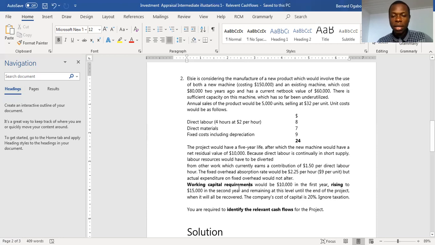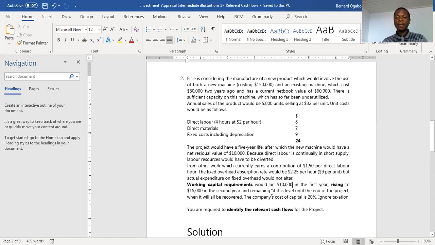So like this one that they said, working capital requirement will be 10,000 in the first year. This 10,000 requirement in the first year would be assumed to have occurred in year 0, and then is rising to 15,000 in the second year. It is not like it is 10,000 first year and 15,000 second year. No, this 10,000 increases to 15,000 in the second year.